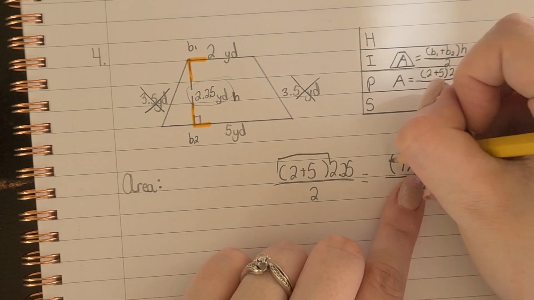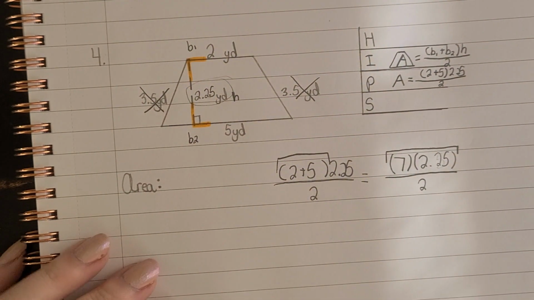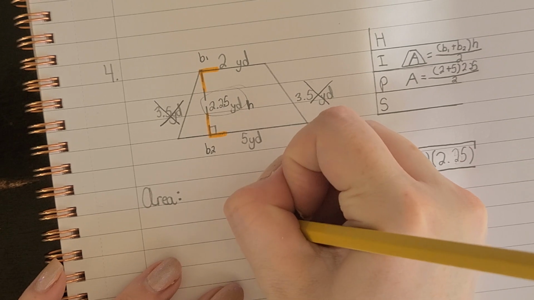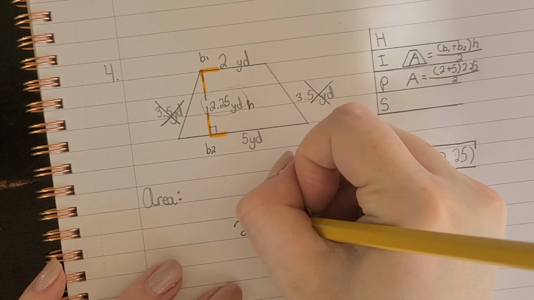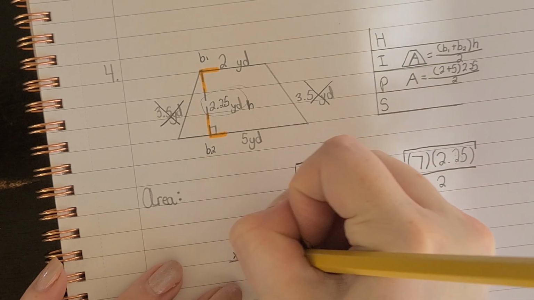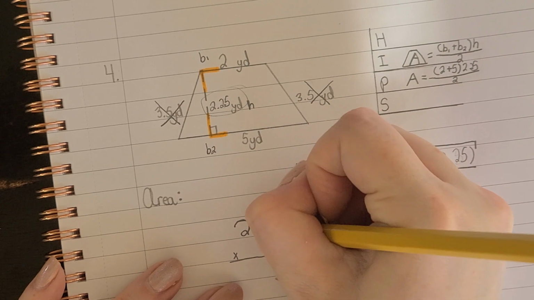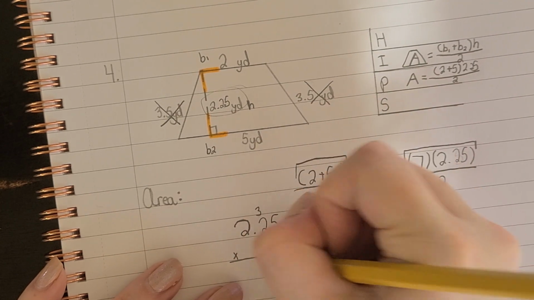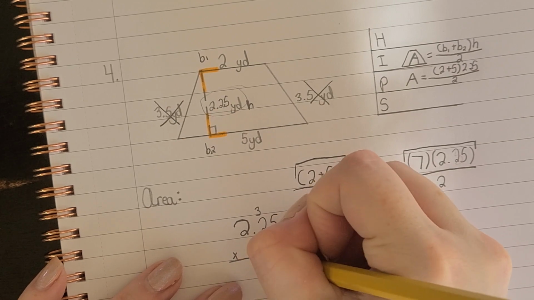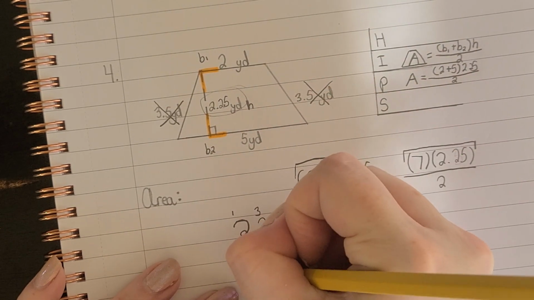So next I'm going to multiply 7 and 2.25. All right. 2.25 has more digits, so I'm going to put it on the top when we multiply just for ease. All right, 7 times 5, 35. 7 times 2 is 14, plus 3 is 17. I don't have an eraser on this one. 7 times 2 is 14, plus 1 is 15.